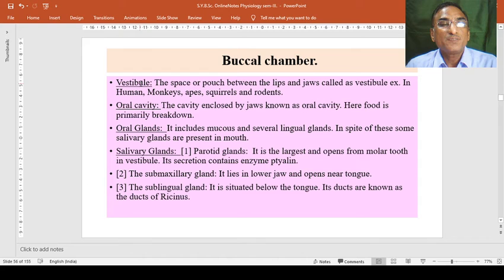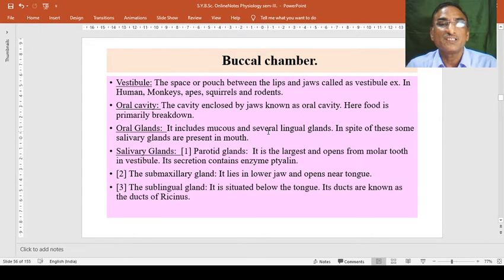Simultaneously, when the food is stored in the vestibule or oral cavity, after breakdown, the food mixes with saliva which is secreted by the oral glands. It includes mucus, watery material, and several lingual glands. In addition to these lingual glands, salivary glands are also present in the mouth.